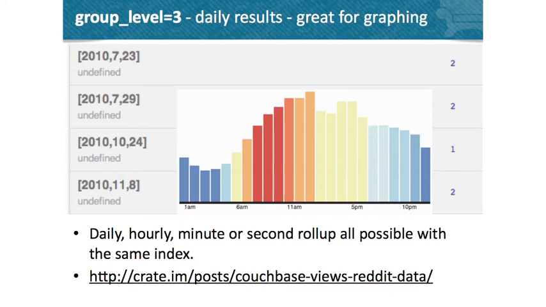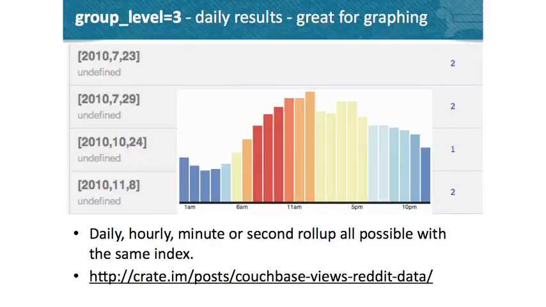It's all the comments on Reddit and how much karma the person who wrote the comment has and when they wrote it. Then you can slice and dice that by the different topic areas. If you go to crate.im, you'll be able to see that blog post and figure out how he ran those queries. And I think that's going to be a blog post series that's still ongoing.